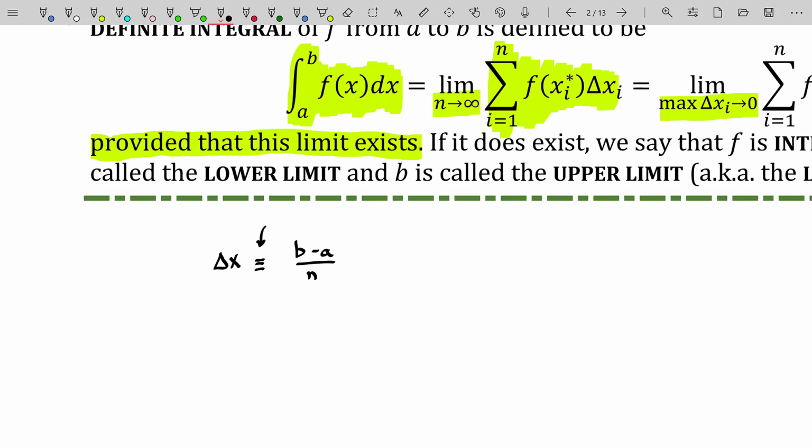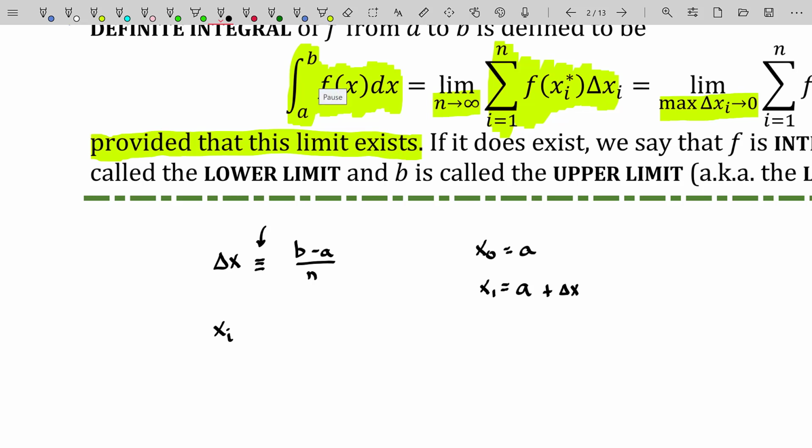The last piece is to talk about what x sub i is. Now, if you think about it, recall that x sub 0 is just a. And x sub 1 was the next value in line. But if you think about that, the next x value in line, well, you could get there by starting at a and going a single step away from a.